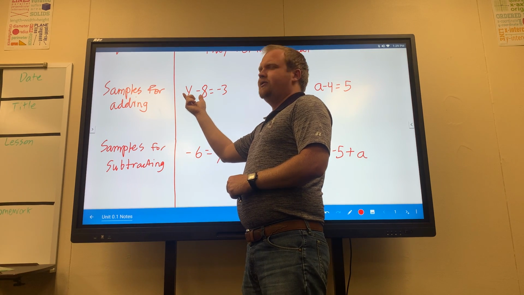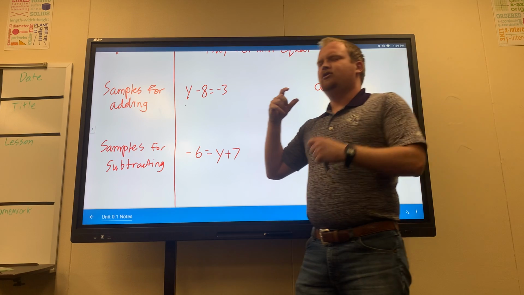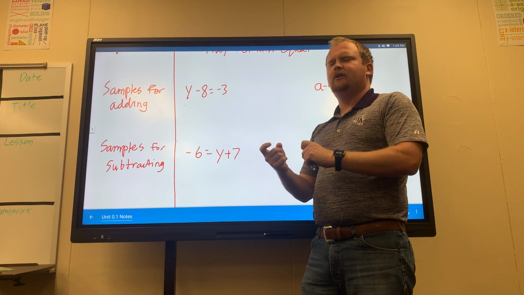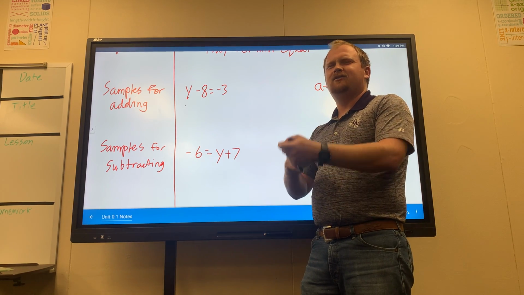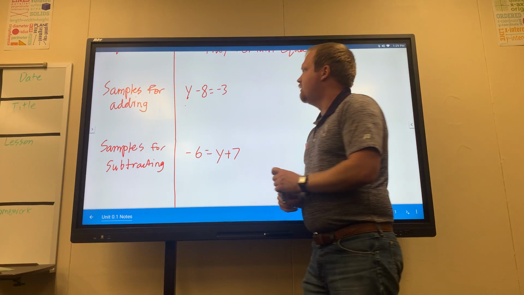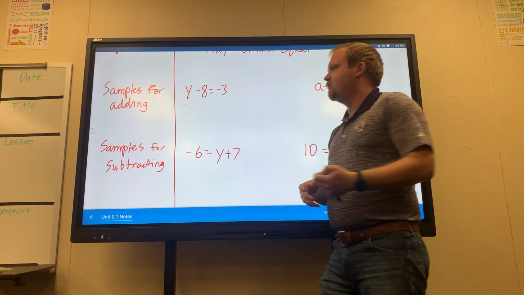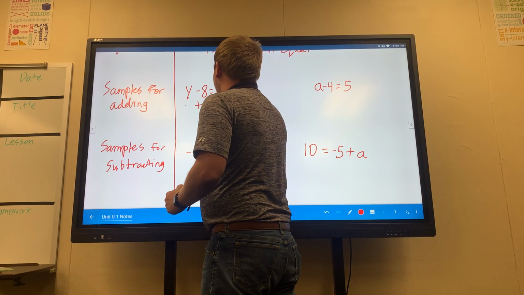But this variable is subtracting from 8. Okay, so I gotta do the inverse of that operation. And basically what inverse means, it's just doing the opposite operation. So the opposite of subtracting would be adding. So instead of subtracting 8, I want to add 8.